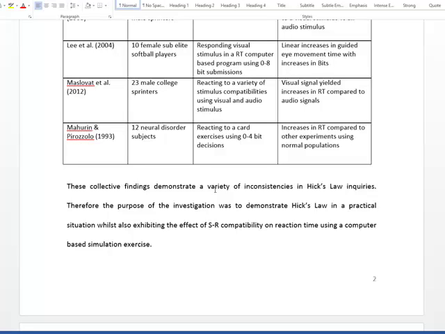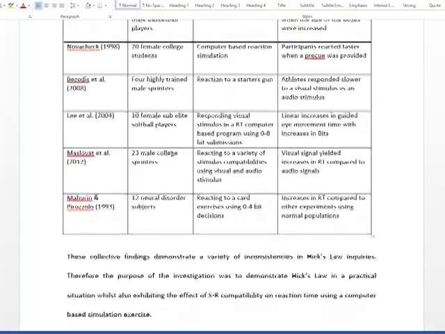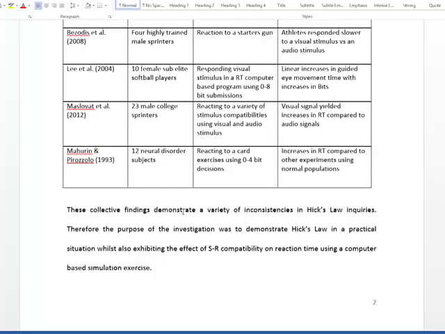Sometimes it can go up, it can go down, it can go any which direction. I've shown that through my earlier statements and through my lit review table. And now I'm saying the collective findings are varied. Therefore, the purpose of this investigation is to do this. I'm showing you why I'm doing this investigation, because there is a gap. I'm not exactly sure how it's going to go because the findings are varied.